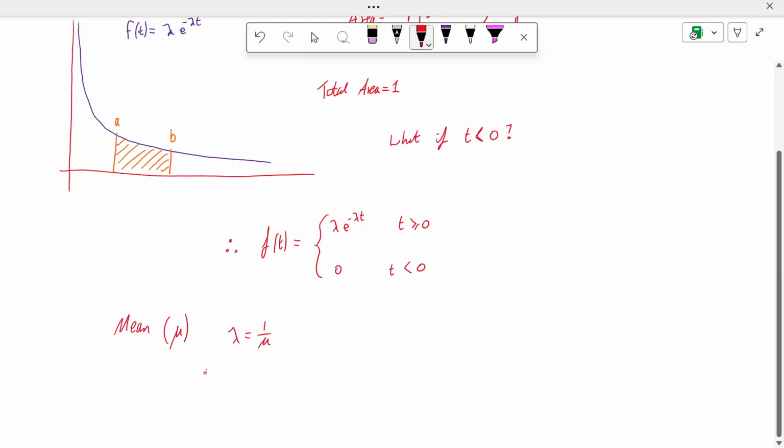It therefore follows that mu is equal to 1 on lambda. This doesn't appear in our formula book, but this is going to be really, really important to keep in our brains because this will help us with questions. So this allows us to convert between a mean to something we can actually plug into our expression and then integrate.